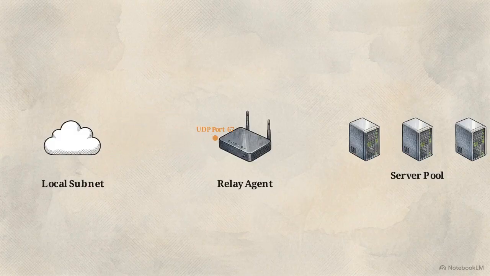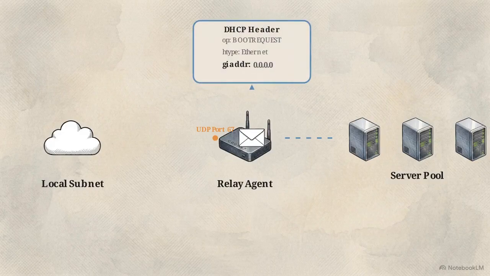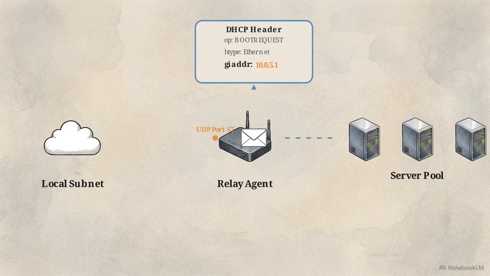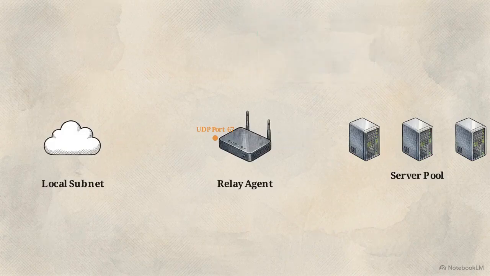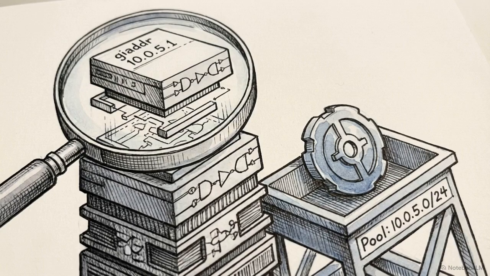The relay agent converts chaotic broadcasts into organized unicast packets, routing them to the centralized server cluster. Before forwarding, the relay injects its own interface IP address into the giaddr, or gateway IP address, field of the packet header. The server reads this giaddr field to deduce exactly which remote subnet the client resides on, ensuring it assigns an IP from the correct pool.